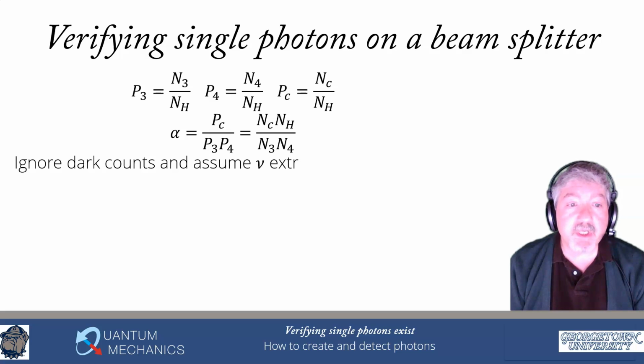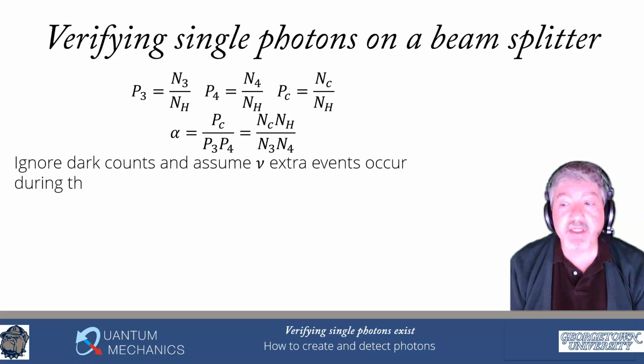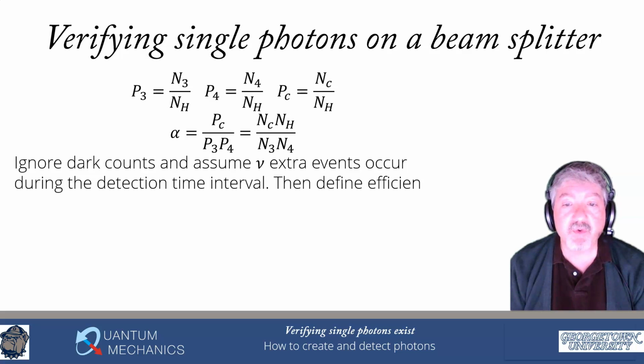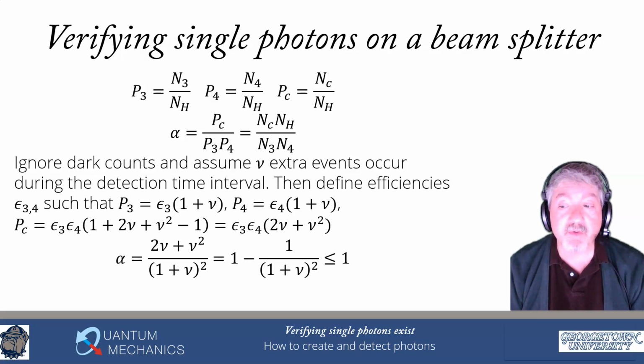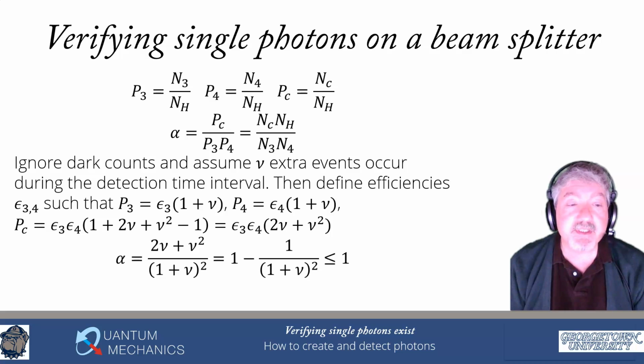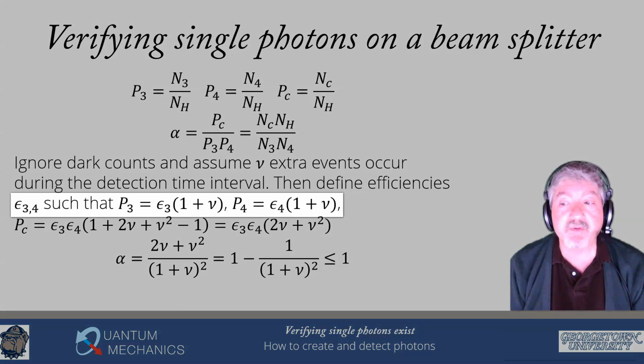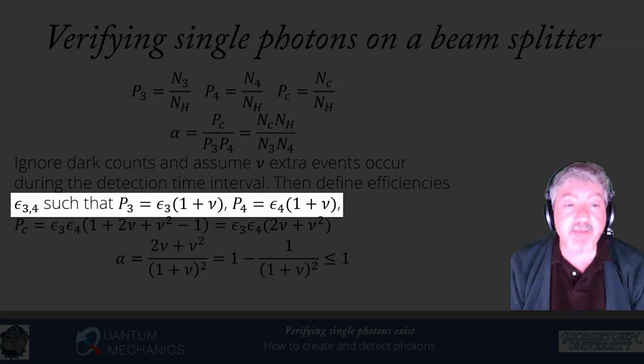So we're going to ignore the dark counts for the moment and assume that we have a fraction nu of extra spontaneous photoemission events occurring during a detection time interval. That fraction nu had better be less than 1, otherwise it's not going to be a very good experiment. So maybe it's on the order of 10%, 20%, something like that. We're going to define efficiencies epsilon 3 and 4 such that we can write P3 as epsilon 3 times 1 plus nu, and P4 as epsilon 4 times 1 plus nu.